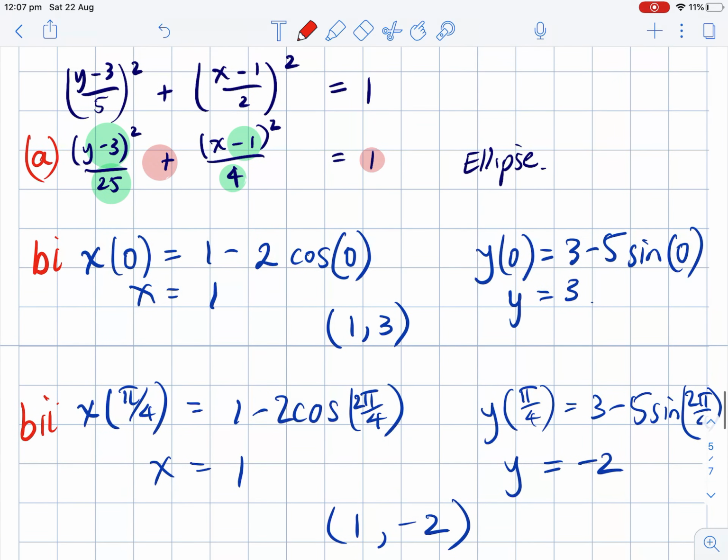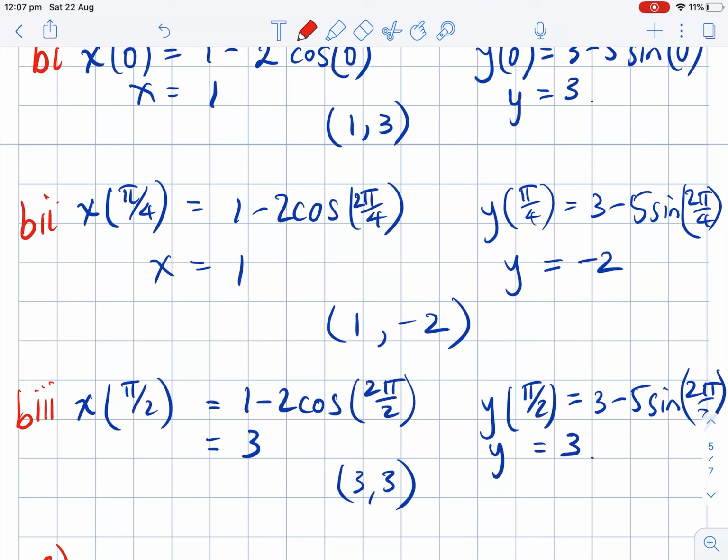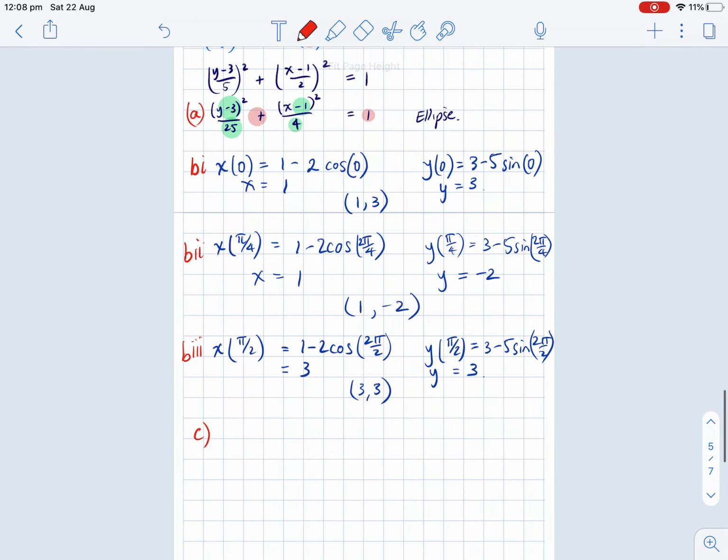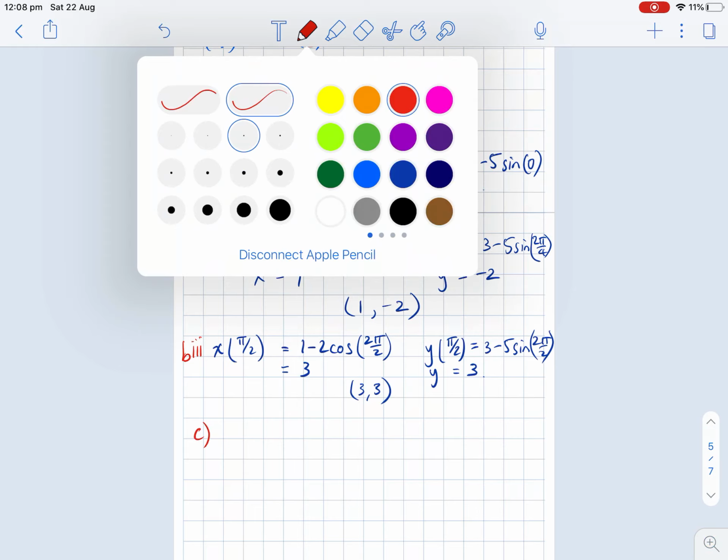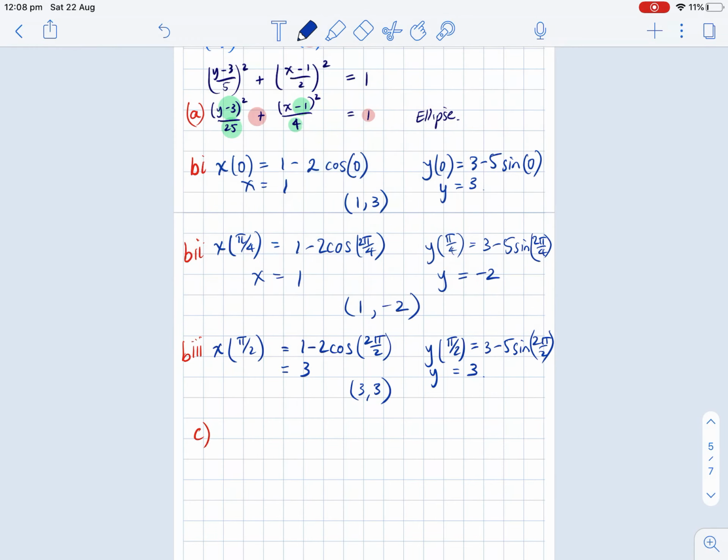So cos of 2 pi on 2 is the same as cos of pi. 1 minus 2 times cos to the minus 1, so that should be equal to positive 3. I don't know, let's work on this. I'm having a bit of trouble at the moment. Brain doesn't want to work.